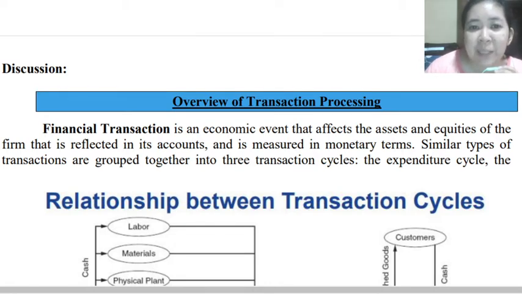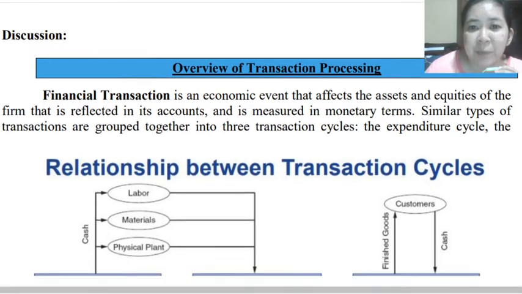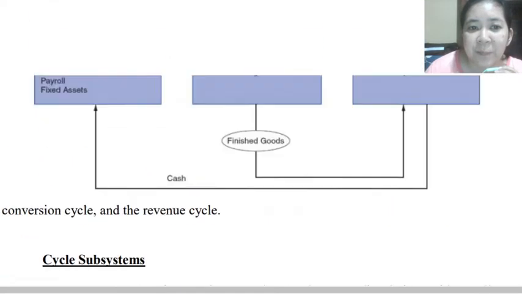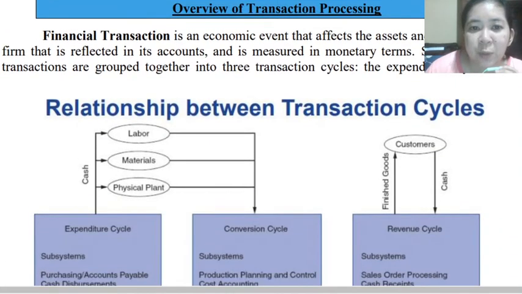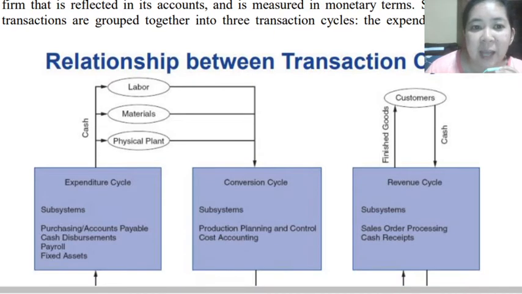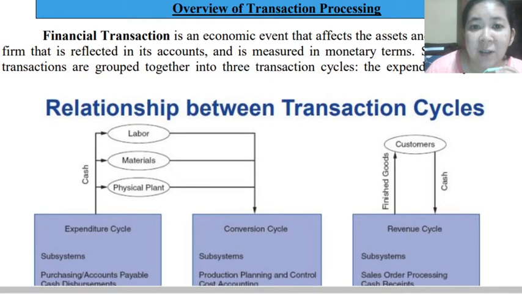So basically, we have here the three types of transaction cycles. We have the expenditure cycle, conversion cycle, and the revenue cycle.